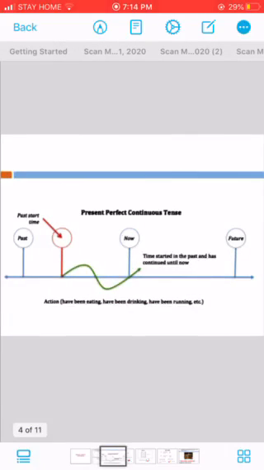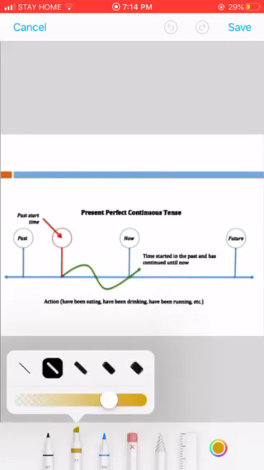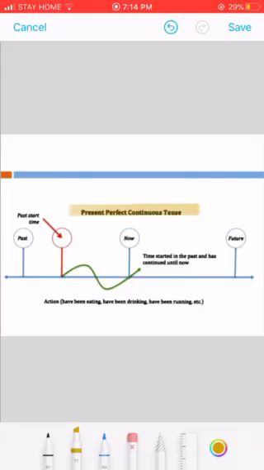Now look at this picture. Present perfect continuous. We said present perfect continuous tense or present perfect progressive. Look at the past. There is the past, now and the future. إذا الماضي والحاضر اللي هو الآن والمستقبل future. بقول لك past start time. هنا وقت ابتداء الفعل.